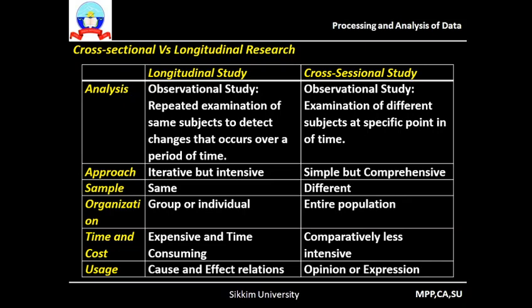In case of a longitudinal study, we have a group or individual as organization. In a cross-sectional study, the entire population is interrogated at a specific point in time. Depending on the nature, a longitudinal study is expensive and time consuming, whereas a cross-sectional study is comparatively less intensive and less expensive.